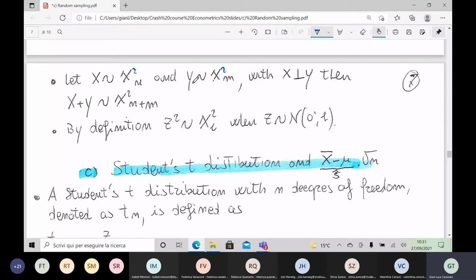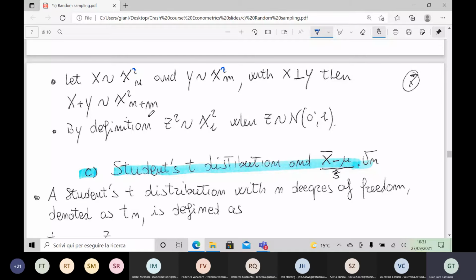Also, the squares of the n standard normal random variables inside this chi-square and the m squared standard normal random variables here are independent. So if you sum them, you have the sum of n plus m independent standard normal random variables, each one taken to the power 2. So by definition, it follows that this is a chi-square with n plus m degrees of freedom.